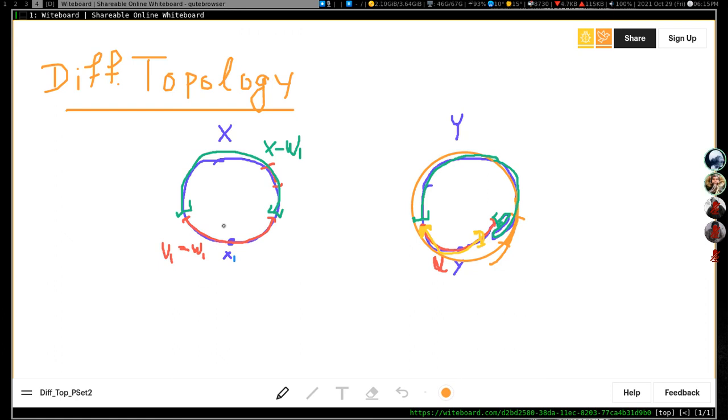And then its pre-image doesn't contain any of the extraneous stuff. So if I take the pre-image of that, that's strictly going to be contained in here.